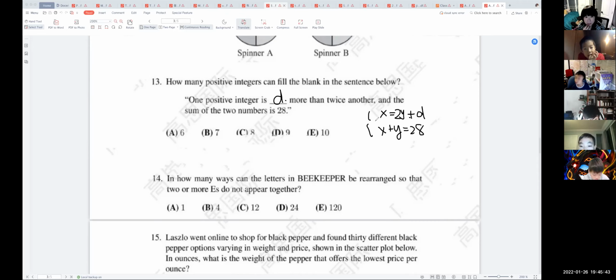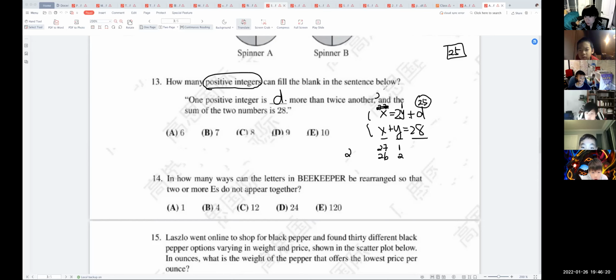Okay, so how many d's are there? The question is actually asking how many possible sets there are. If x plus y equals 28, 那 x 可以等于什么？27，y 可以等于1，对不对？那我们来试试看，如果 x 等于27，y 等于1，那 d 等于多少？d 等于25。So is this a positive integer? Yes. So 25 is one of the answers. Let's see, 26 and 2.